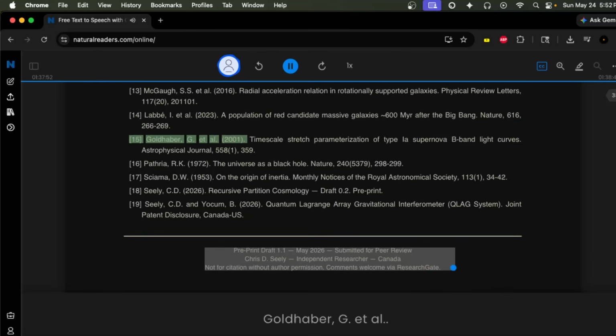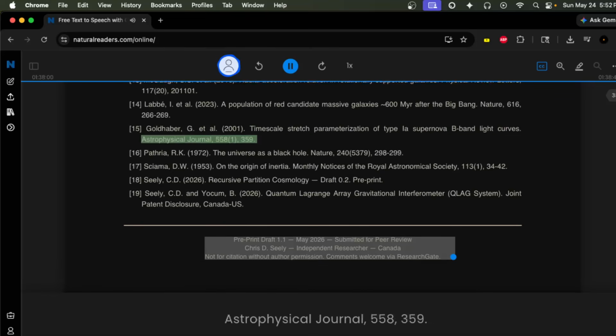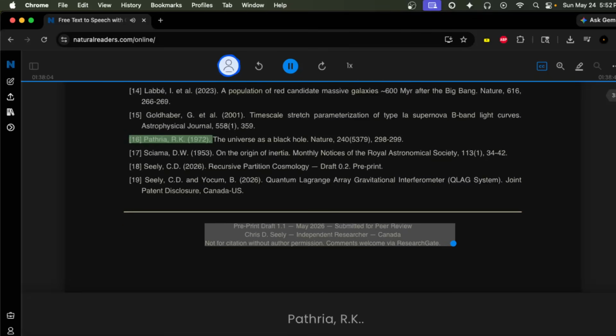Goldhaber, G. et al. Timescale stretch parameterization of Type Ia supernova B-band light curves. Astrophysical Journal, 558, 359. Pathria, R.K. The Universe as a Black Hole. Nature, 240, 298-299.